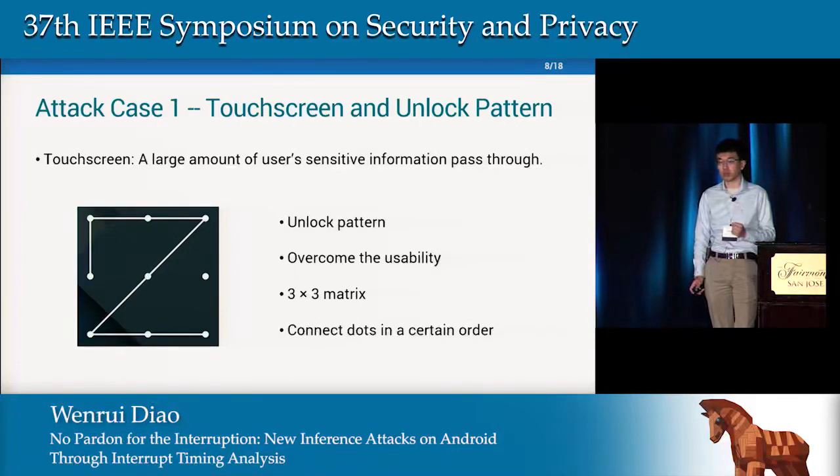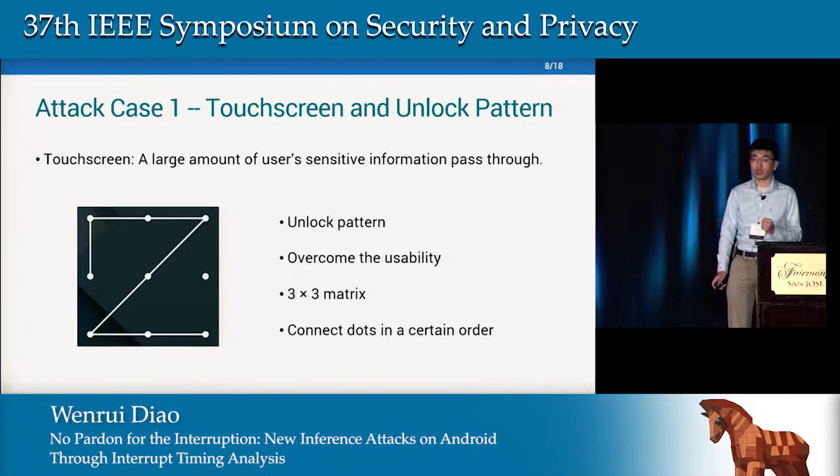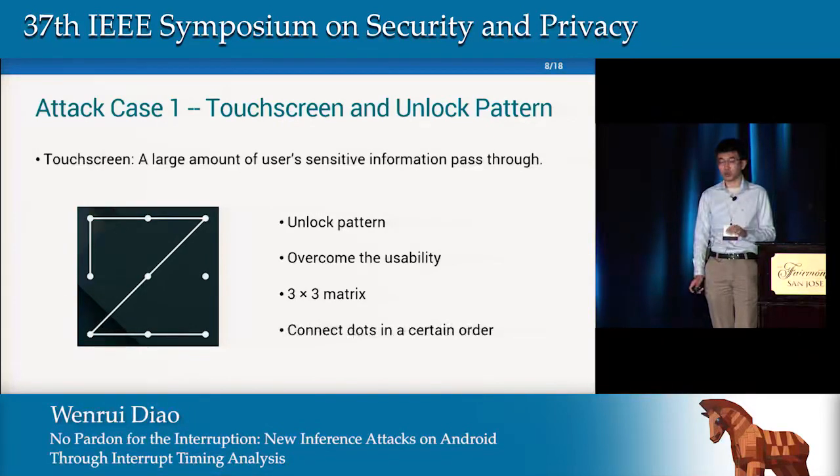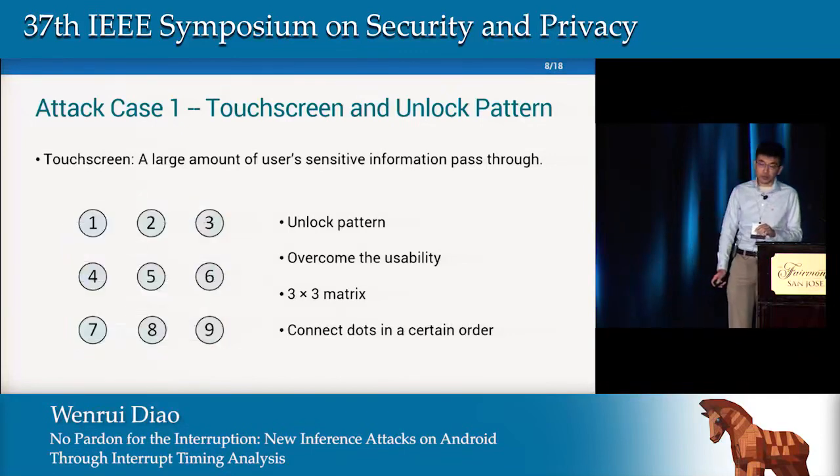When the user wants to unlock his phone, a 3 times 3 matrix will be displayed, and the user has to draw a pattern by swiping lines that connect dots in a certain order. Also, each dot could be mapped to a number from 1 to 9.